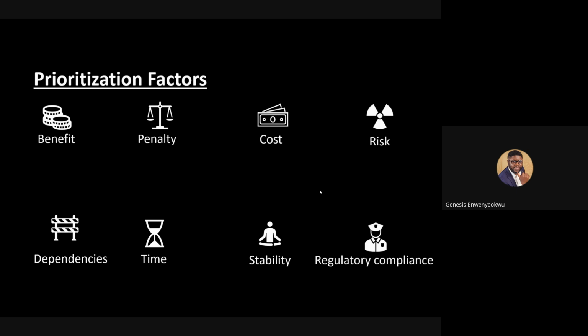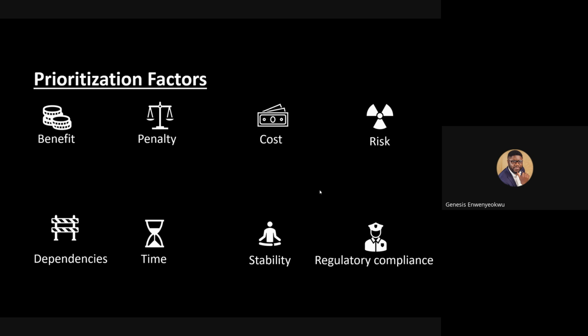And the last one is regulatory compliance, compliance to regulatory requirements. So if there's a requirement from regulators to implement a particular policy within our solution, we will end up prioritizing that particular requirement. A typical example is when GDPR was on and there was a deadline to GDPR.